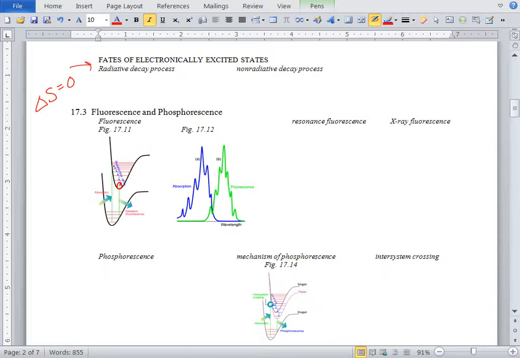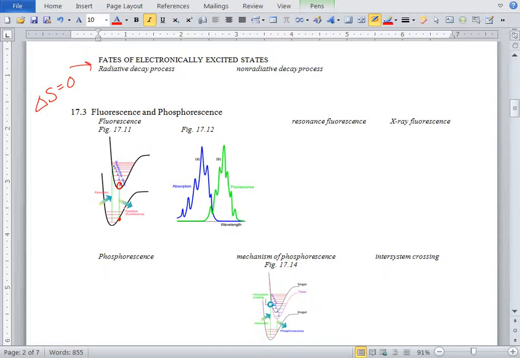Now what I think is kind of cool here is that it doesn't have to end up here. There are some Franck-Condon factors that are pretty appreciable for the vibrational levels that are close to this. The overlap, the wave function that's here, is very similar to the ones that are close to this one.